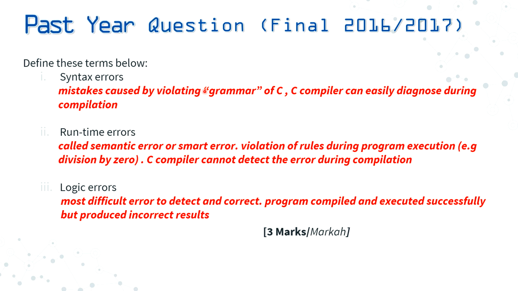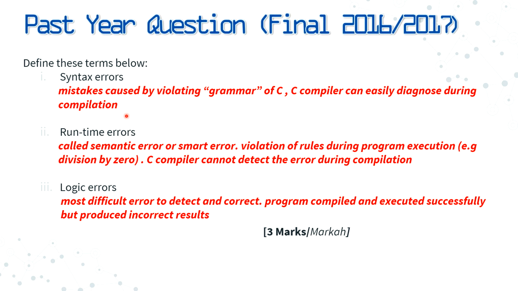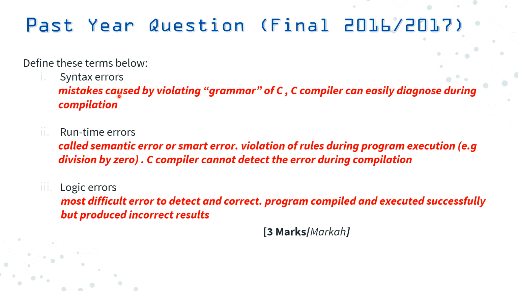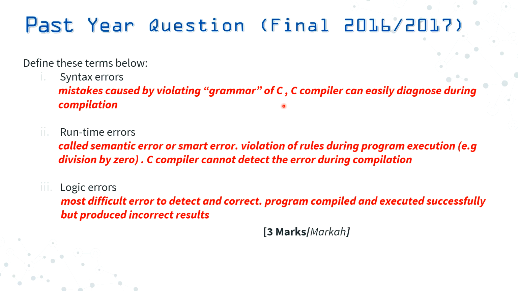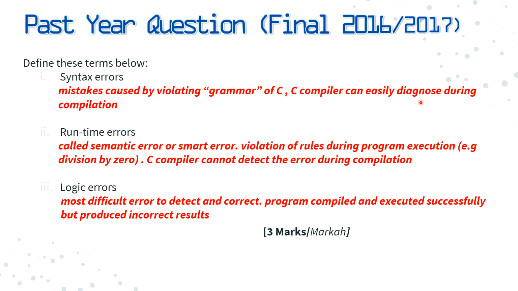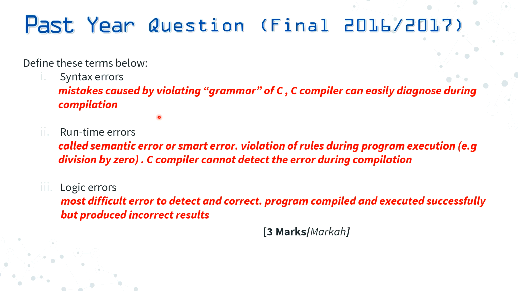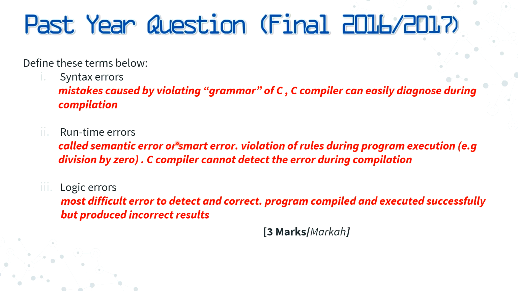So to get the full 3 marks, here is what you need to write. Syntax errors can be defined as mistakes caused by violating the grammar of C. The C compiler can easily diagnose them during compilation. So that's the definition for syntax errors, 1 full mark.